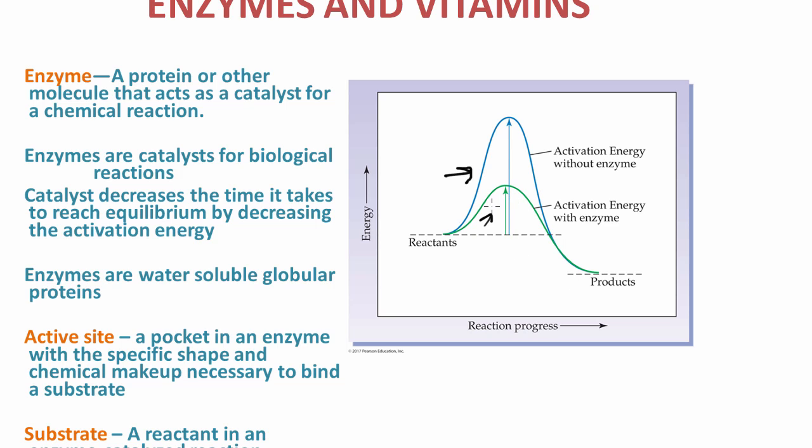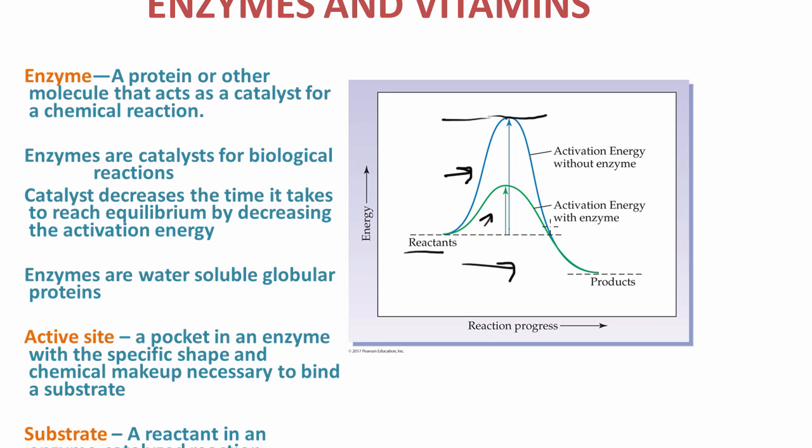And it does not affect equilibrium. We might get there a bit faster with a catalyst, but it's not going to affect the position of equilibrium, if you will. So, a little review here. Here we have our reactants, the reactant progress going from reactants to products. At this maximum here, so from here to here, that's the activation energy, and that's for the uncatalyzed reaction.